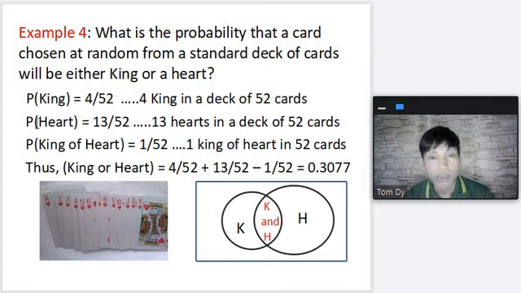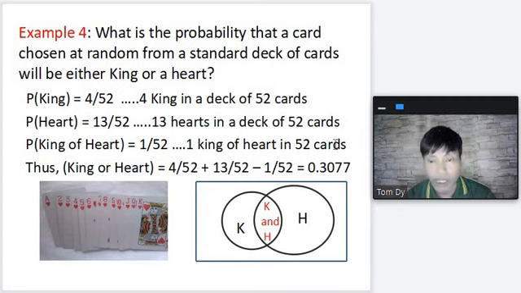Same with heart, the probability of heart: there are 13 hearts out of 52 cards. So 13 hearts in a deck of 52 cards. That is the probability of heart. Probability of king of hearts is only 1, divided by 52 cards.